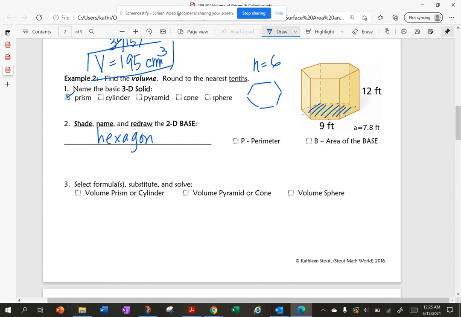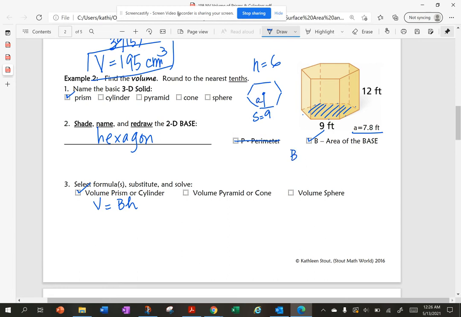The formula for all prisms is the same, so volume is B times H. So I need to find the area of the base. This is a regular polygon, so my side is 9, and the apothem is 7.8.